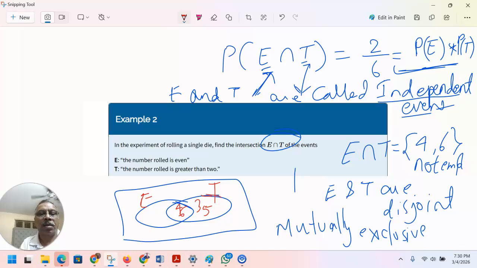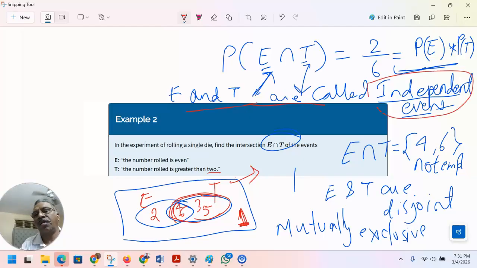And the even number 2 will be right here. What about 1? 1 will be outside, since 1 is neither even nor greater than 2. It is less than 2. Just to have a visual understanding of what's going on, and also to know the meaning of independent events and mutually exclusive events.